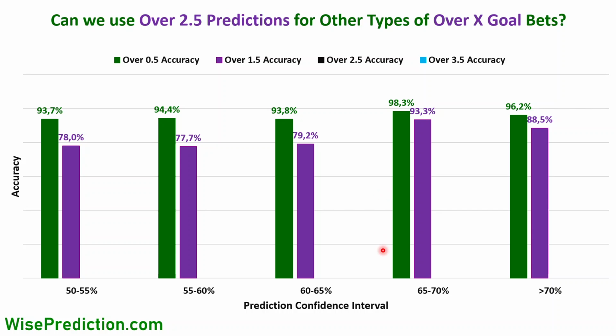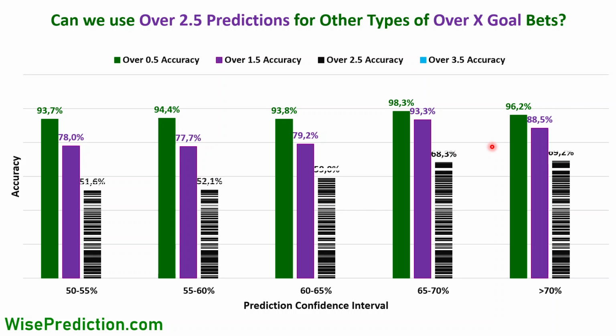But whenever the prediction confidence goes above 65%, what we see is that the accuracy goes up to 93.3%, and it ends at 88.5%. So the accuracy is improving as seen here.